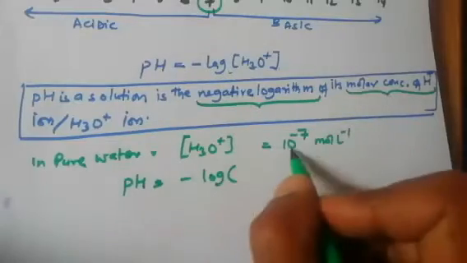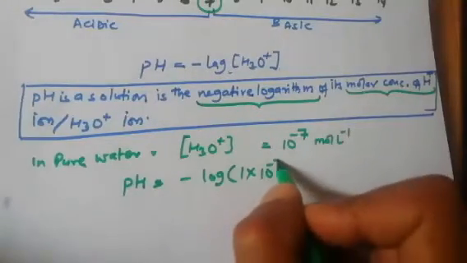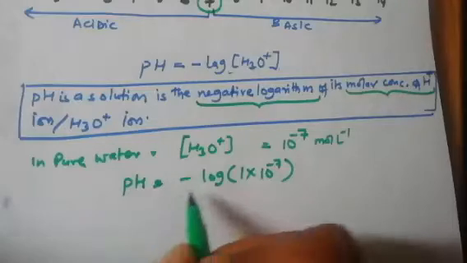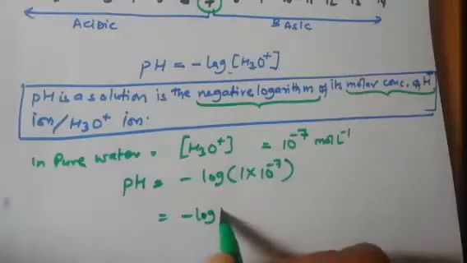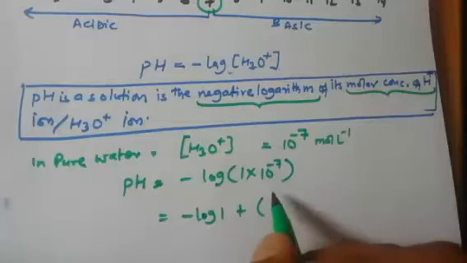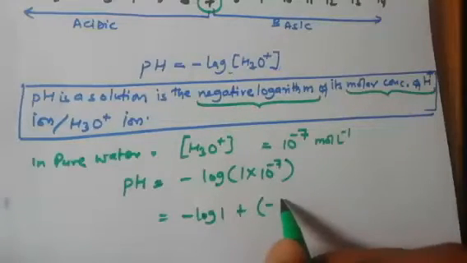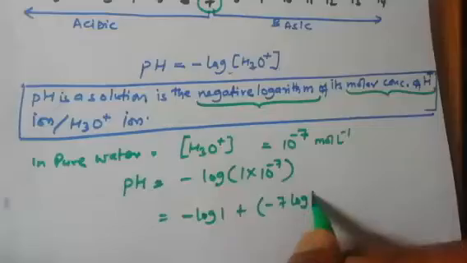We write this as 1 into 10 raised to power minus 7. That becomes minus log 1 plus minus 7 log 10.